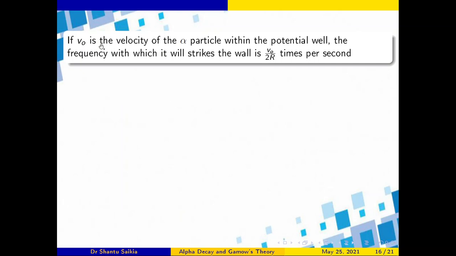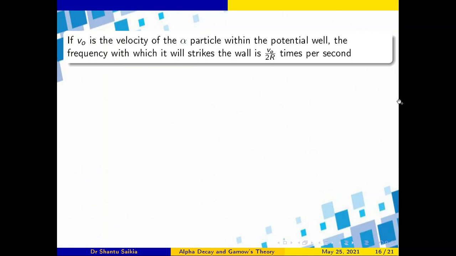Now if v0 is the velocity of the alpha particle within the potential well, the frequency with which it will strike the wall is v0 by 2r, where r is the dimension of the nucleus. Suppose it strikes this wall, goes back, strikes here, comes back again.